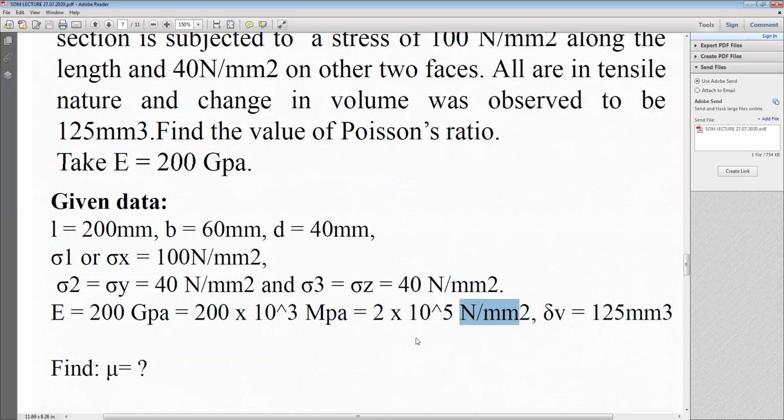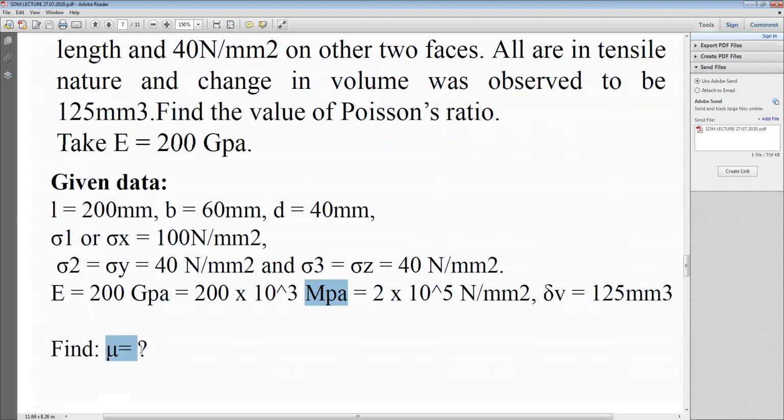So please write down directly 2 into 10 raised to 5 Newton per mm square. You should be clear about the concept of MPa: 1 MPa is equal to 1 Newton per mm square. Go directly; otherwise all these things become difficult later. So consider 1 MPa equal to 1 Newton per mm square. So let's find the mu.